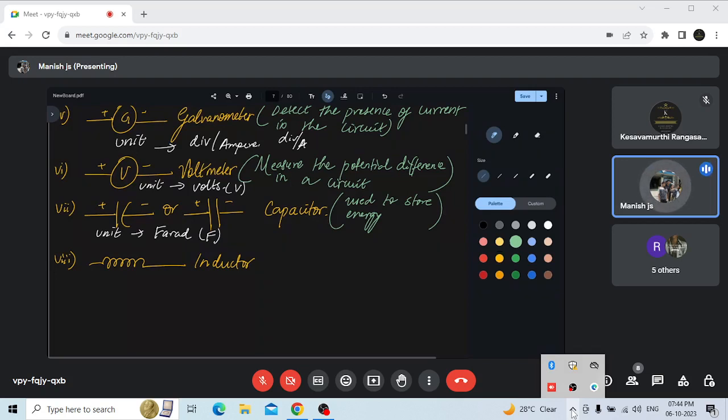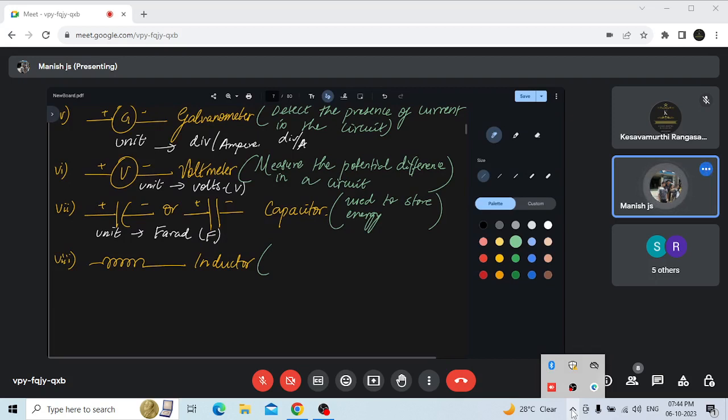Now, what is the use of an inductor? What does an inductor do? Unlike a capacitor, which stores energy, what does an inductor do? Induce the flow of current? Not necessarily. Stores current, sir? No, it does not store current. It is also storing energy, but in the form of magnetic energy.